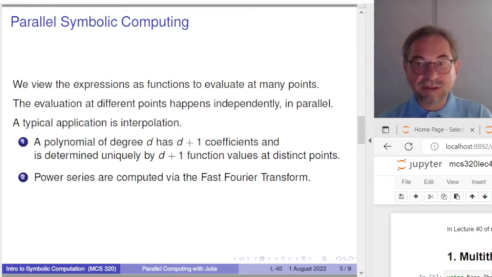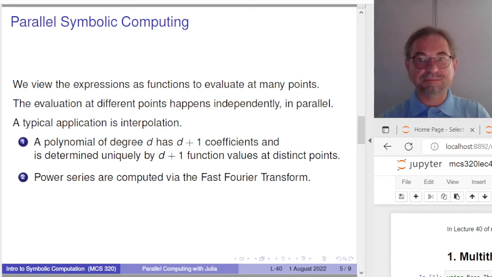One can do something similar with power series. With power series, one can also interpolate and reconstruct the terms in the series via the fast Fourier transform. So this is in a nutshell how we can do parallel symbolic computation, where we view our expressions as black boxes to evaluate.